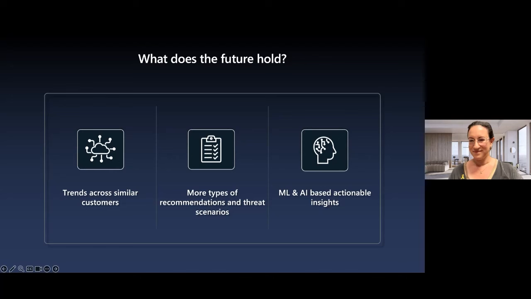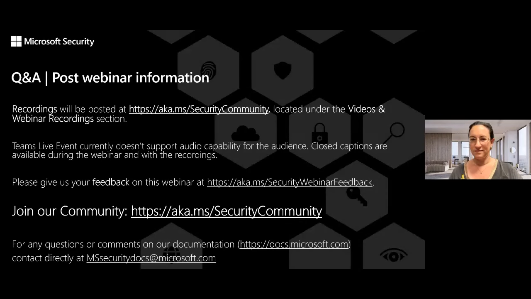Thank you so much. So we do have one additional question that's been submitted. By enabling all recommendations, could it cause an increase of the Sentinel price or other security components? Okay, so the pricing currently is based on your billable log ingestion and your ingestion tier.